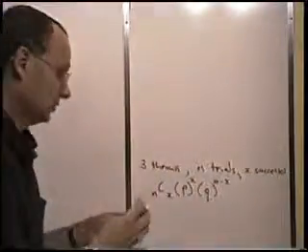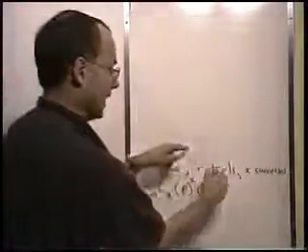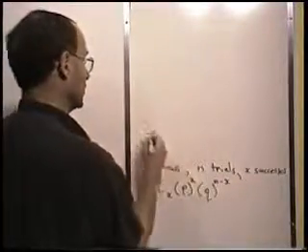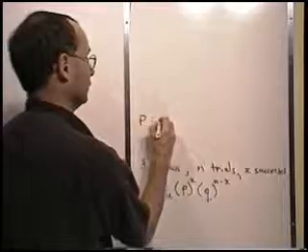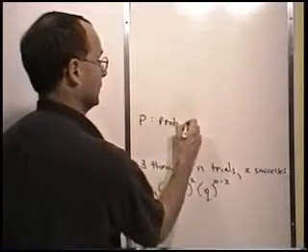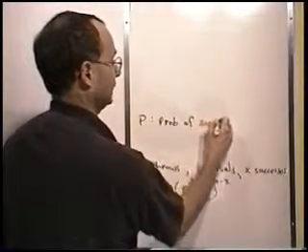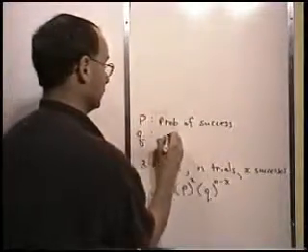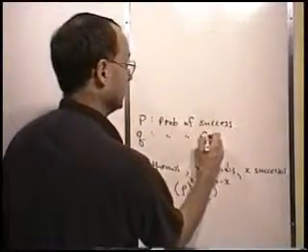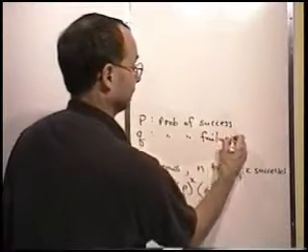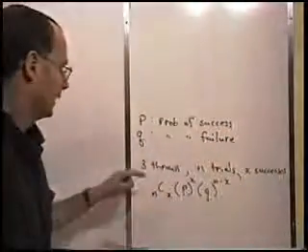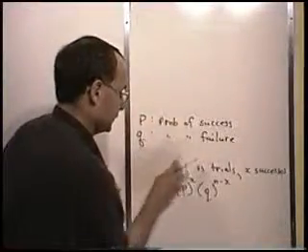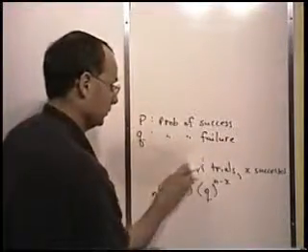What we have is n trials, x successes, and here p represents the probability of success, q represents the probability of failure. I'll get rid of the 3 throws because that was specific to our example.